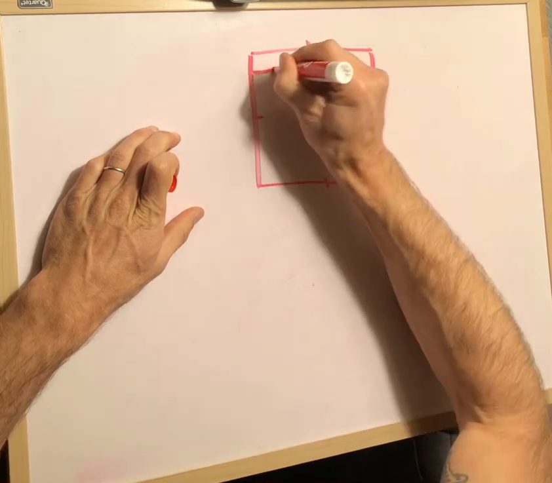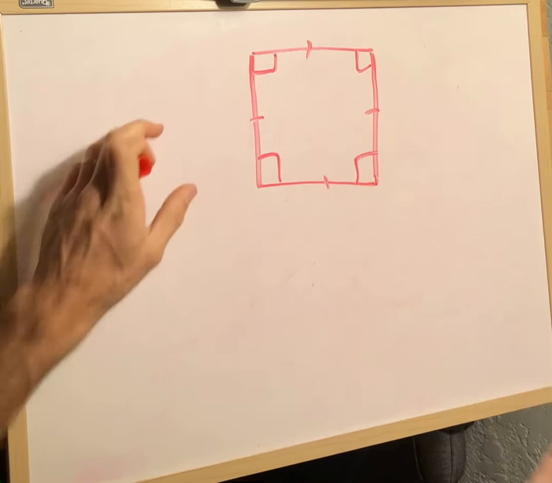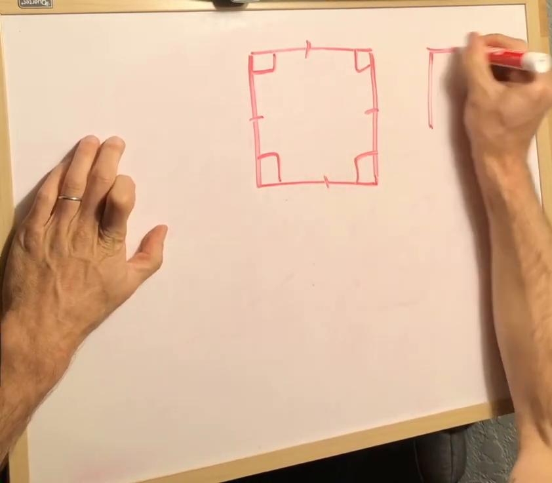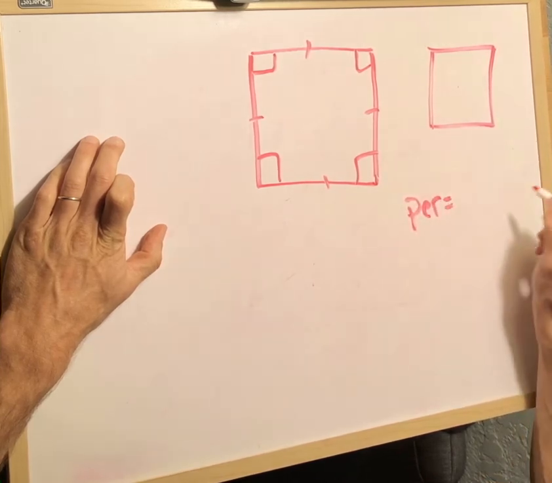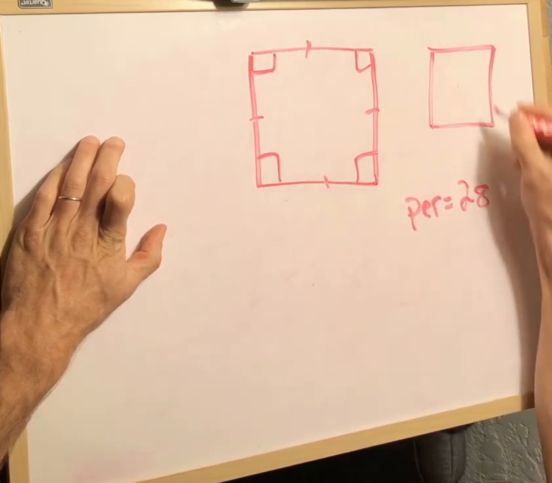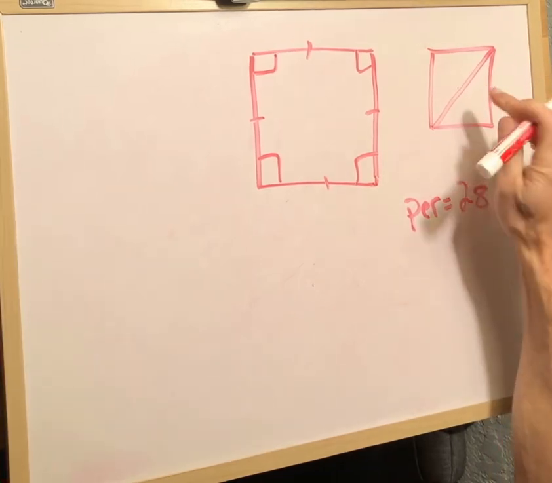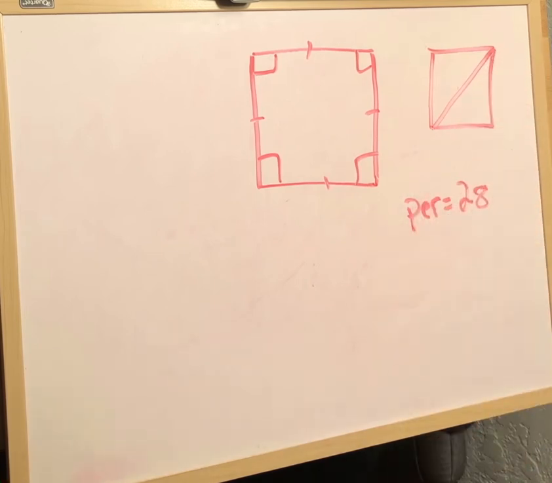And every side is a right triangle. What I'm going to ask you is this. Let's take a square. Let's say the perimeter is equal to 28. What's the length of this diagonal? If this is a square, the perimeter is 28. What's the length of this diagonal? Pause the video and see if you can do it.